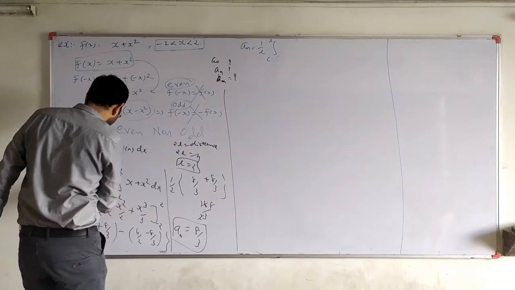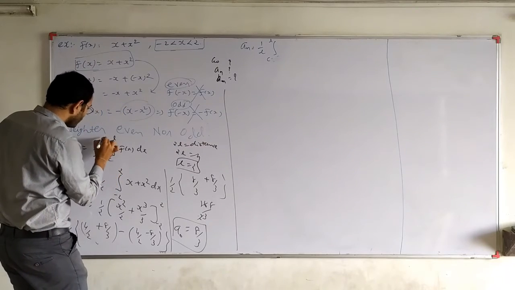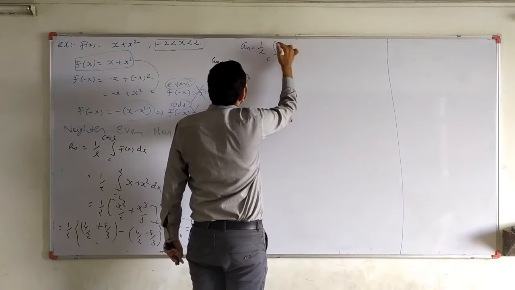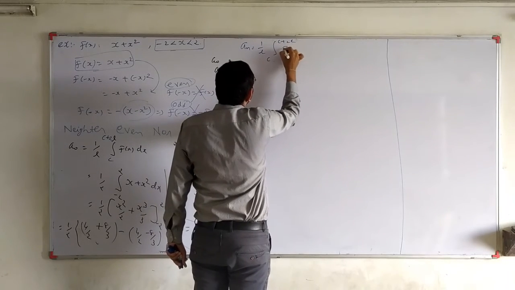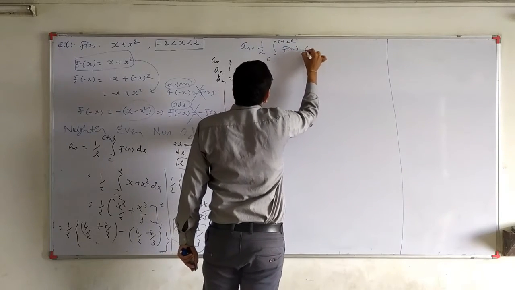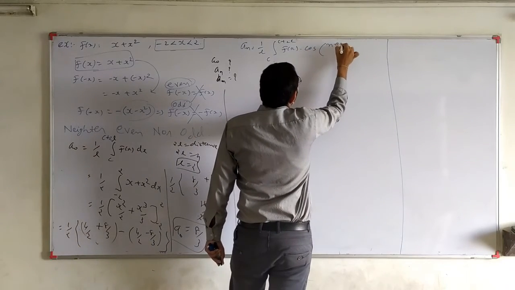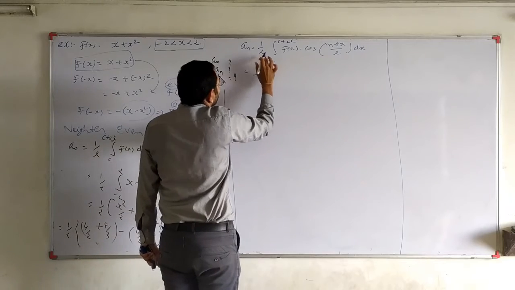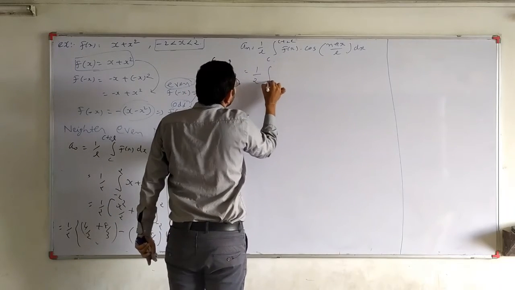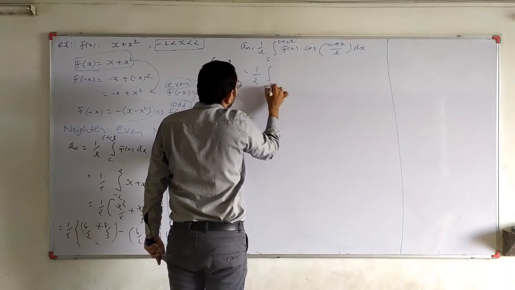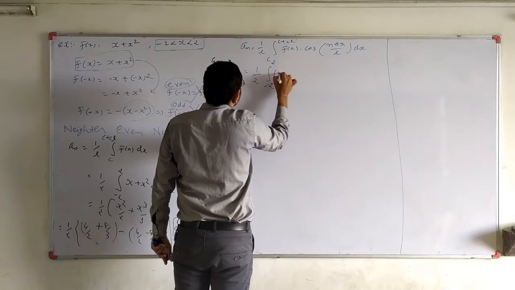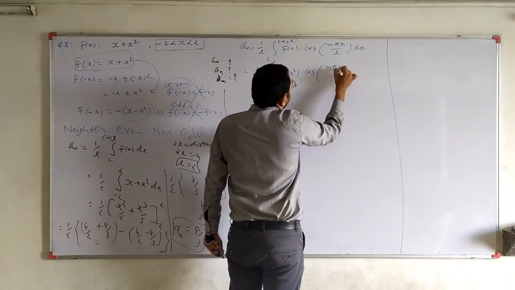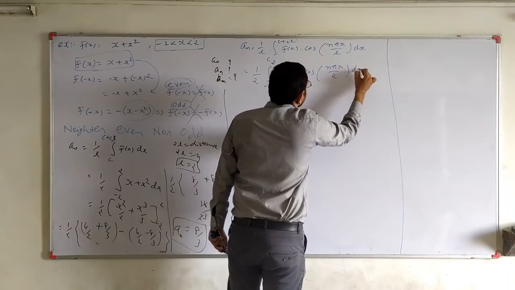Here similarly the limit is C to C plus 2L, f of x cos n pi x by L dx. Then here 1 upon L, that L is 2, integral from minus 2 to 2 of f of x, that is x plus x square, cos n pi x by 2 dx.